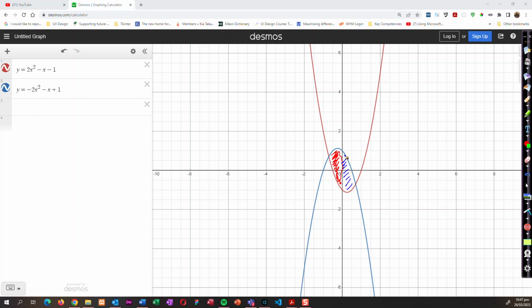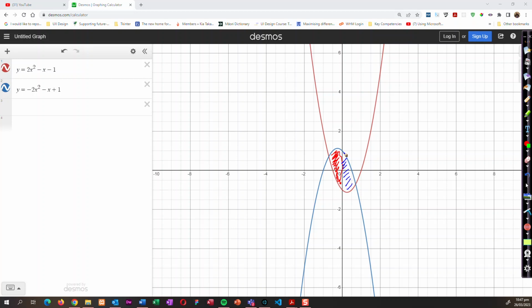So it looks like the y-axis, where x equals 0, is the line which cuts the area enclosed into two equal halves.